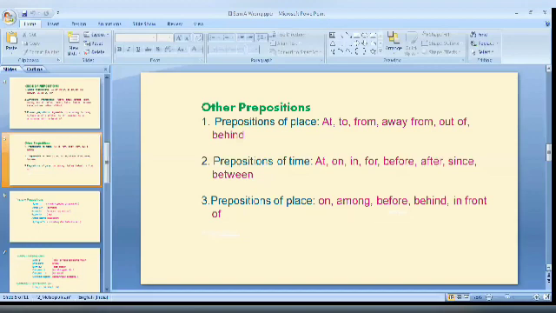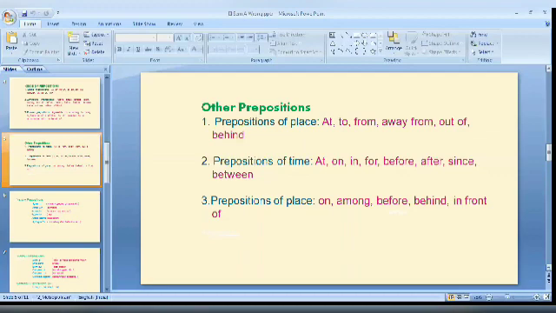And among, before, behind. My house is located behind the temple. So here behind indicates the position of the place.